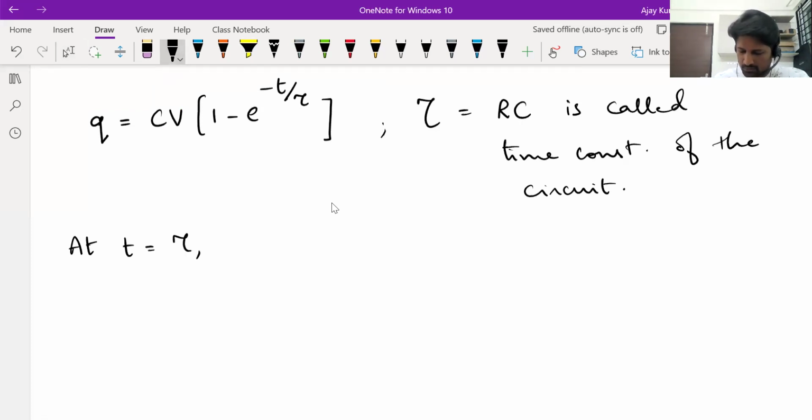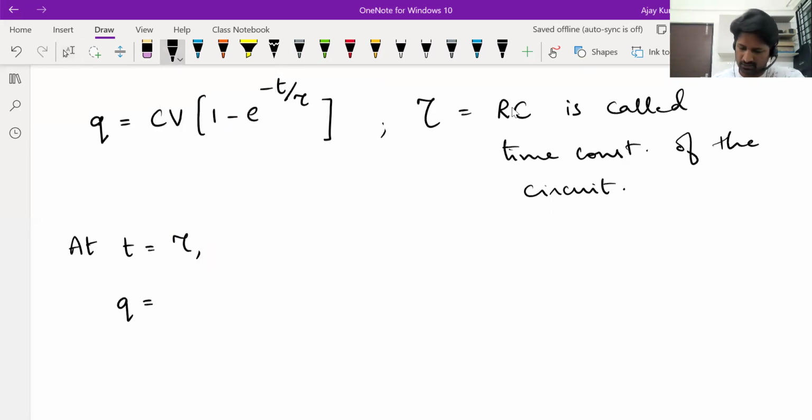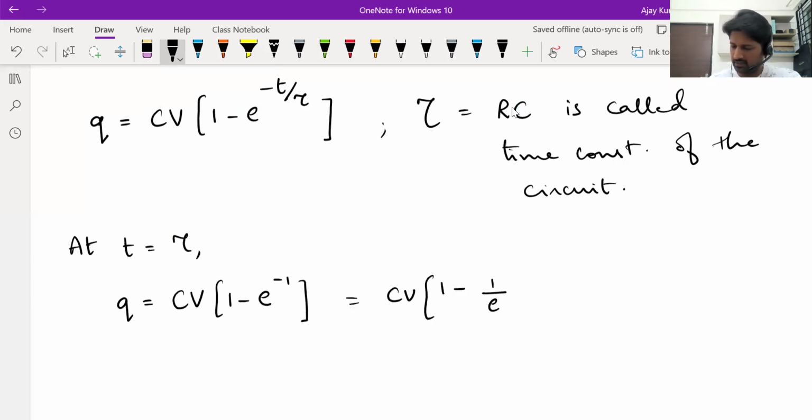Now at t is equal to tau, at a time equal to the time constant, how much is the charge going to be? Anyone? CV into 1 minus 1 by e. Okay. So just substitute t as tau there, it becomes CV into 1 minus e power minus tau by tau, that becomes minus 1. So you can write CV into 1 minus e power minus 1, which is 1 by e.